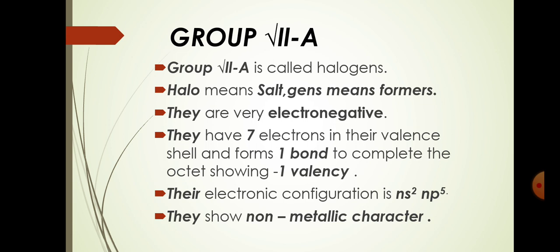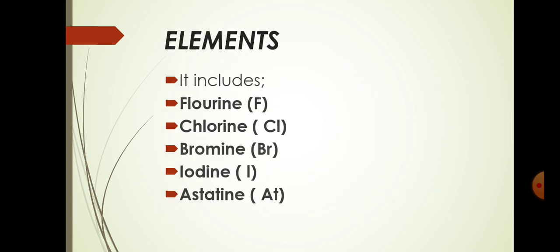They need 1 electron to complete their outermost shell, so they form one bond. Their electronic configuration is ns2 np5. 5 plus 2 is equal to 7, so that's why the outermost shell consists of 7 electrons. They show the non-metallic character. It includes fluorine, chlorine, bromine, iodine and astatine.